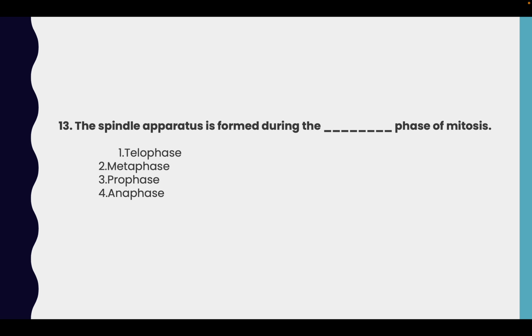The formation of spindle starts during the late stage of prophase because the chromosomes start getting aligned during metaphase. So at late prophase, spindle formation starts, and in the late prophase the spindle apparatus is already formed.